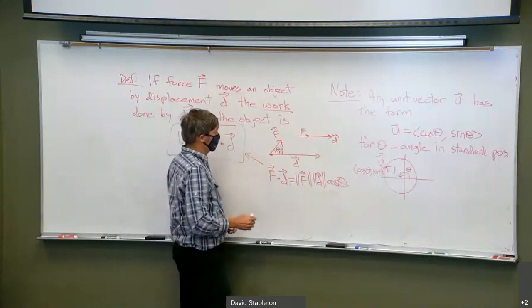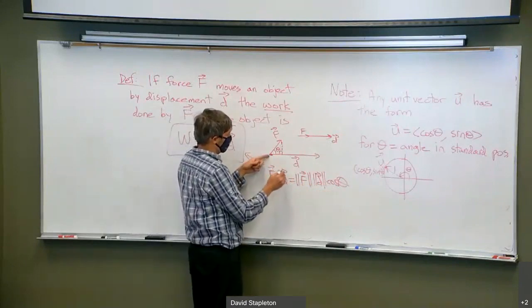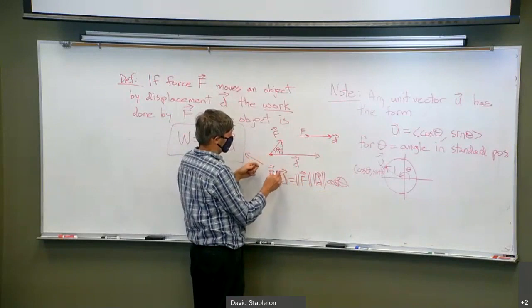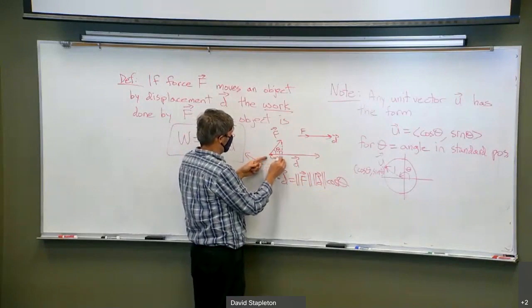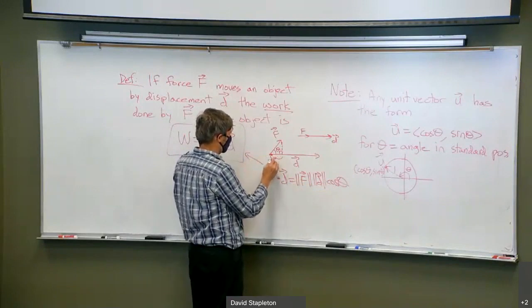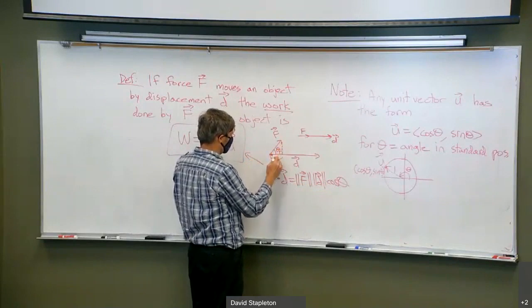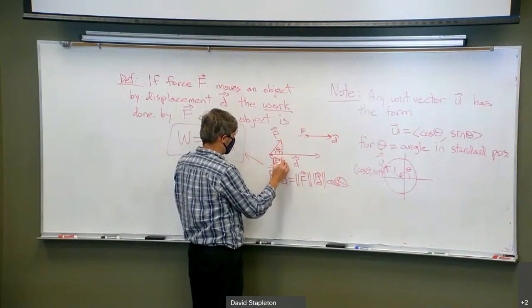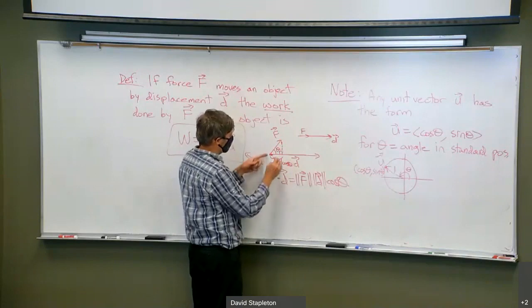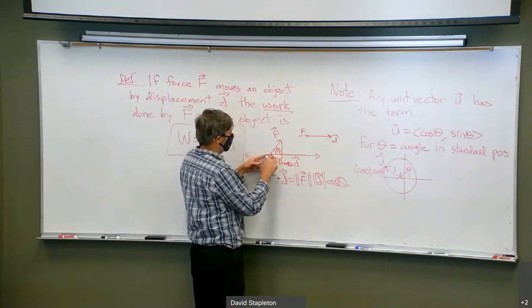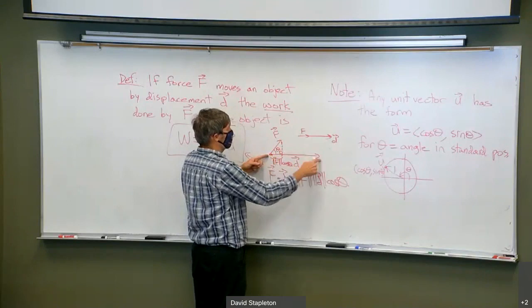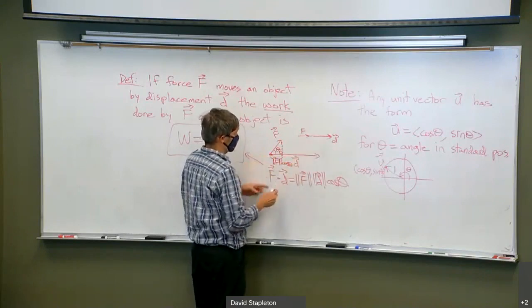In other words, since this is actually a triangle here, length of F times the cosine of theta, the work is the force along the path times the displacement. That makes this a special case of this, right?